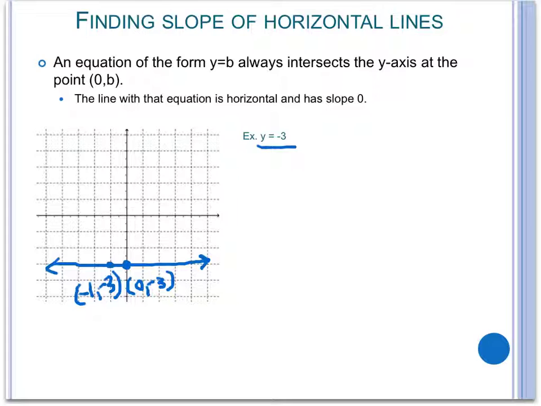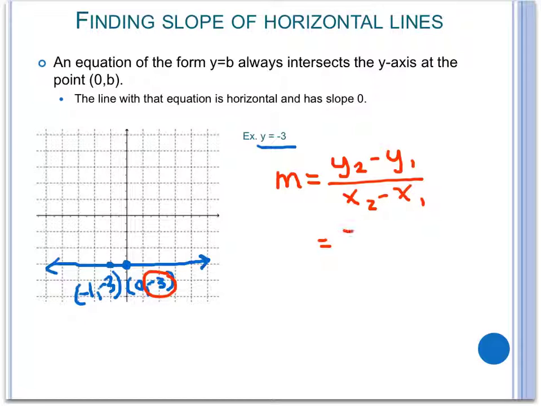Using the slope formula, we take the y values and subtract them from each other. So we have y2 minus y1 all divided by x2 minus x1. So taking -3 for our y2 and subtracting -3 from it will be in the numerator.